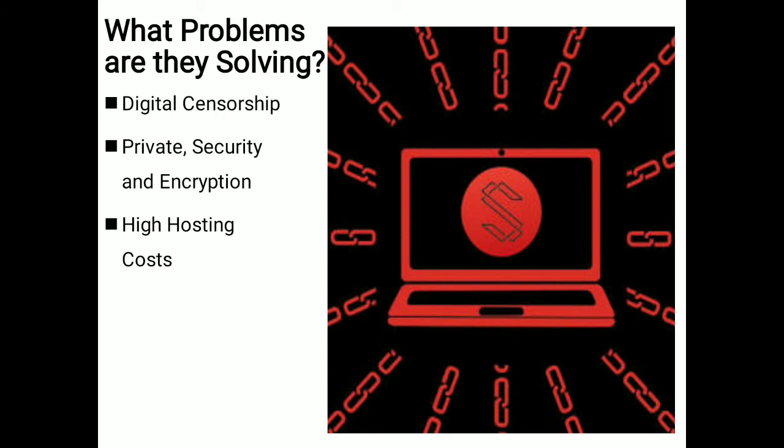And if we talk about private security and encryption, with a single centralized server, which is the current system right now, there is a single point of failure. This means that a hacker only has to gain access to this single place, or a fault has to occur, for sudden great damage to all websites hosted on the server.